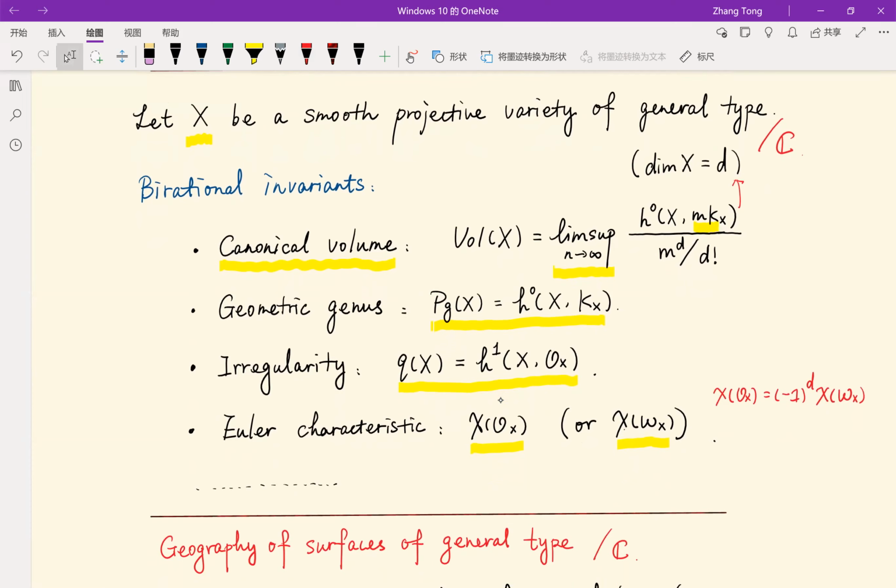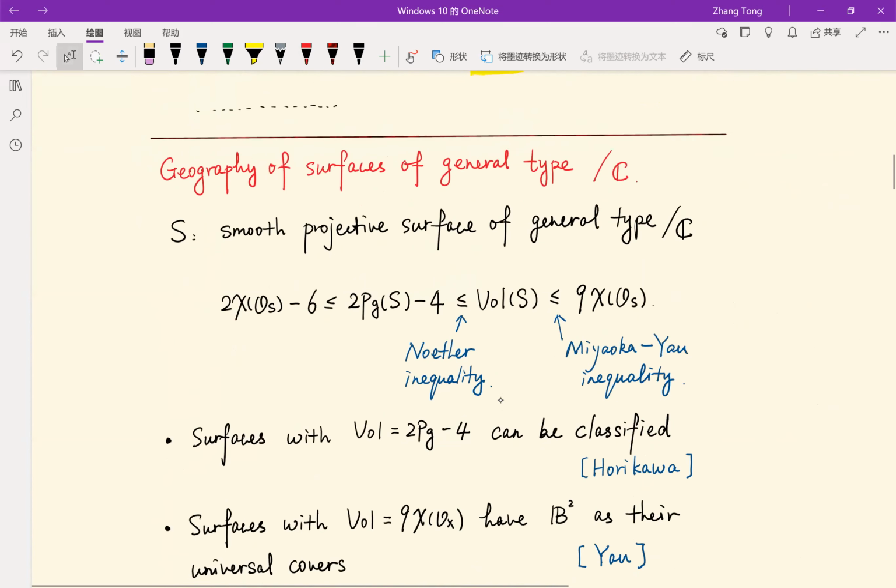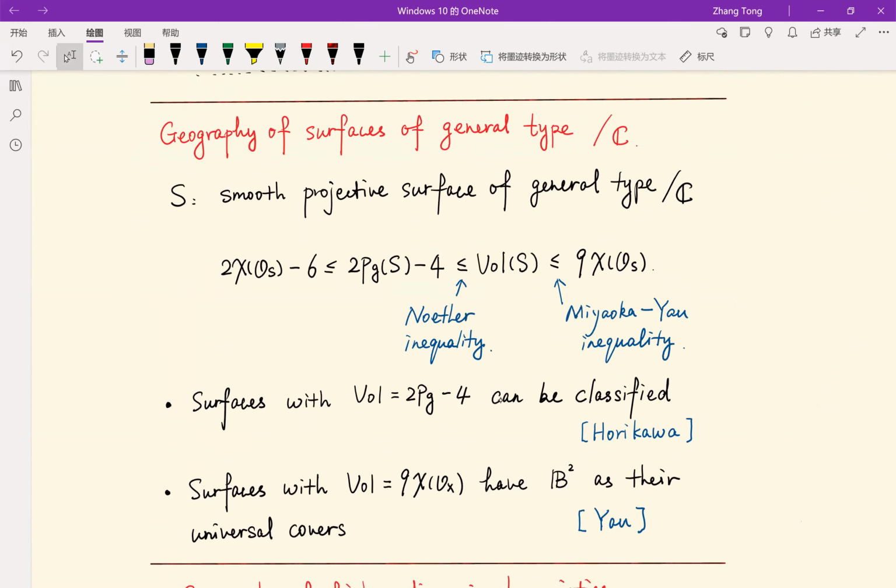So I think it's better to give some examples about the geography of surfaces of general type. And this is somehow the origin of the development of the geography classification of algebraic varieties.